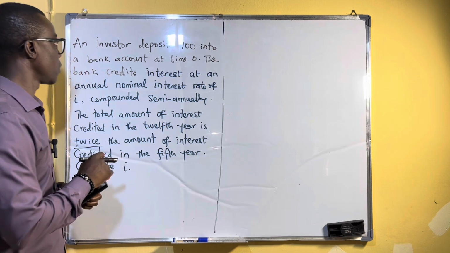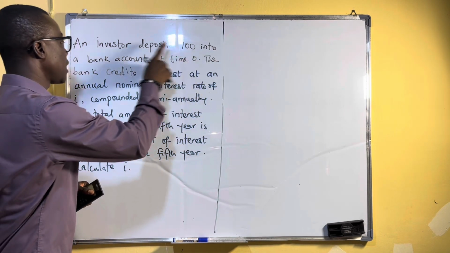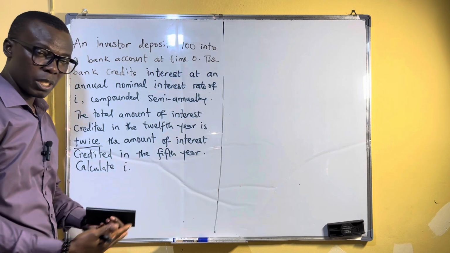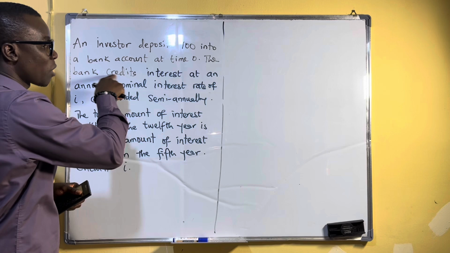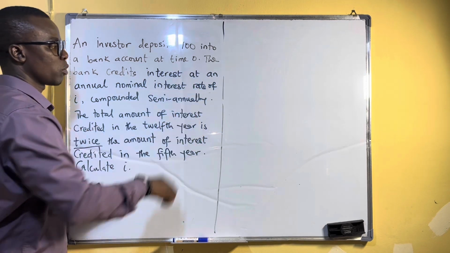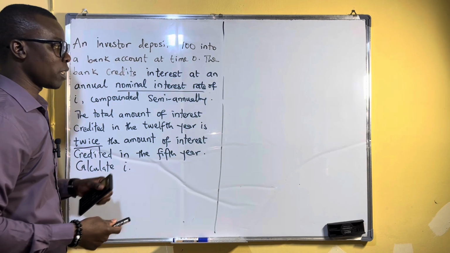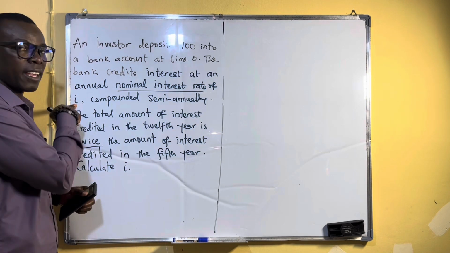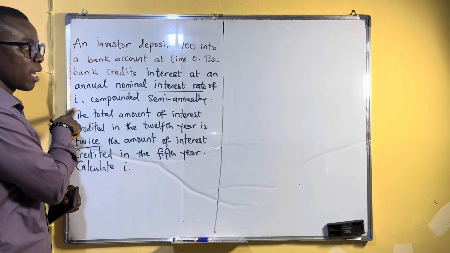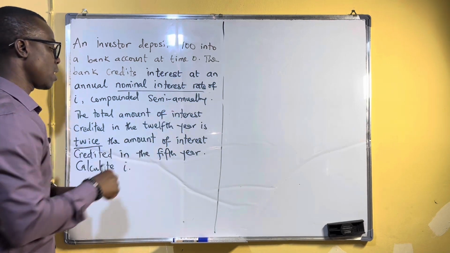The question says, an investor deposits 100 into a bank account at time zero, at the beginning. The bank credits interest at an annual nominal interest rate. That's very important for you to note. Annual nominal interest rate of I. They are calling I the annual nominal interest rate, compounded semi-annually.